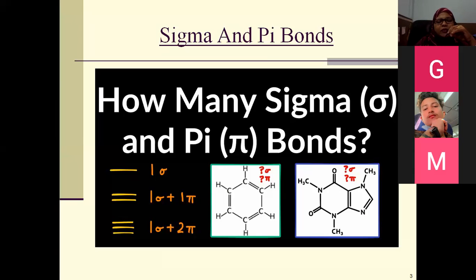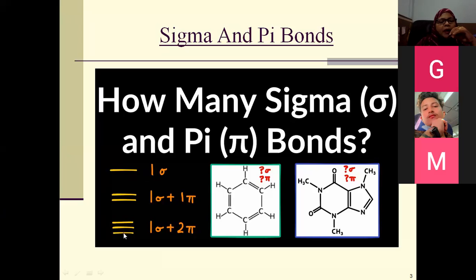Before that, you can see that for one single bond, there is one sigma bond. When there is a double bond, we have one sigma and one pi bond. When there is a triple bond between the atoms, we have one sigma and two pi bonds.